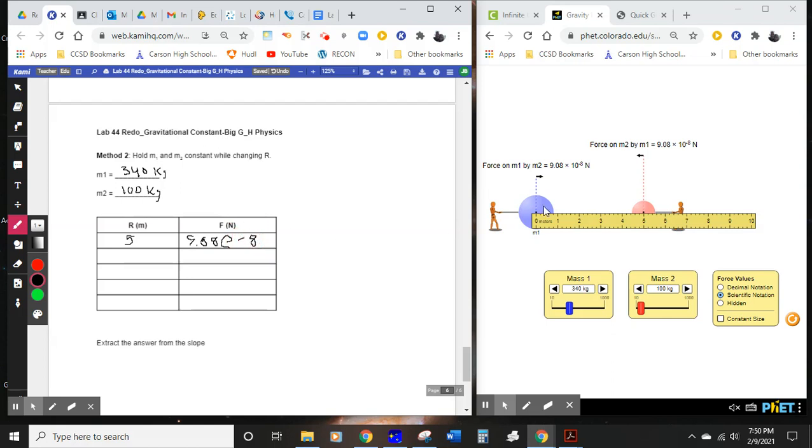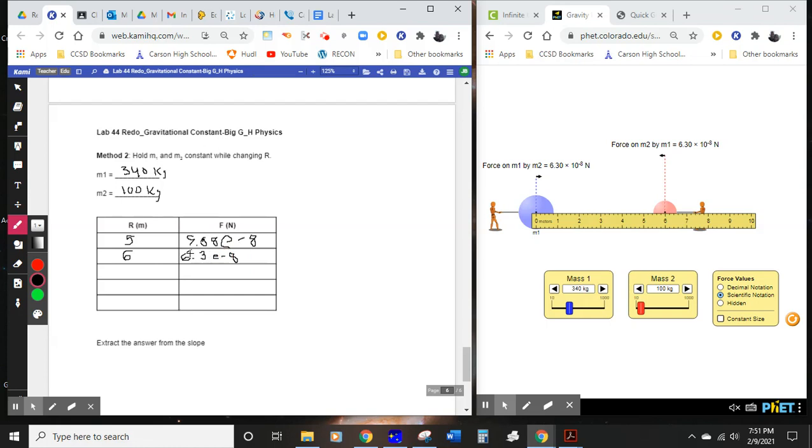Now let's make it 6 meters apart. The force is now 6.3 e to the minus 8.